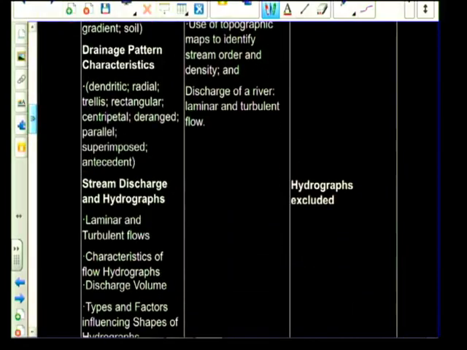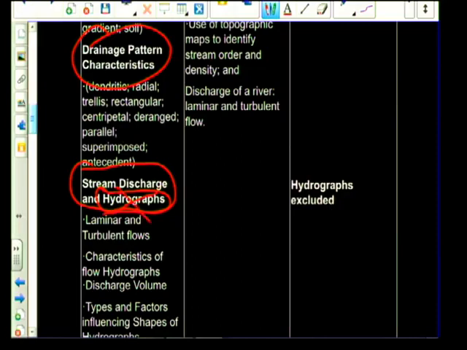When coming to the drainage patterns, also found under the new curriculum under one section, stream discharge and hydrographs. Now, the hydrographs, if you remember clearly, were done in grade 10. It will not be tested in grade 12. So a cross can be put on that.